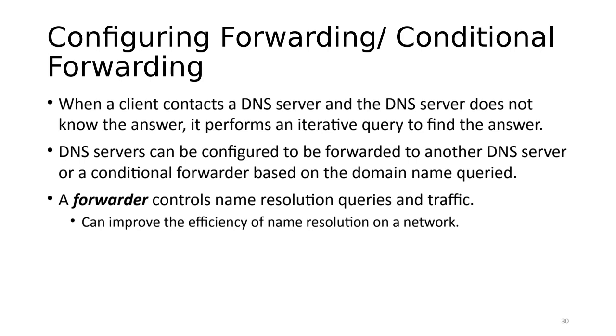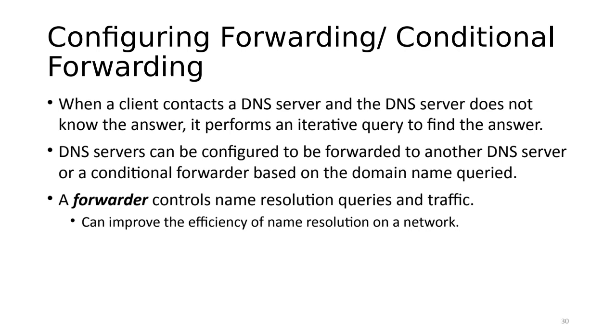When a client contacts a DNS server and the DNS server does not know the answer, it performs an iterative query to find the answer. DNS servers can be configured to forward to another DNS server or a conditional forwarder based on the domain name queried. We have already mentioned this. What is a forwarder?